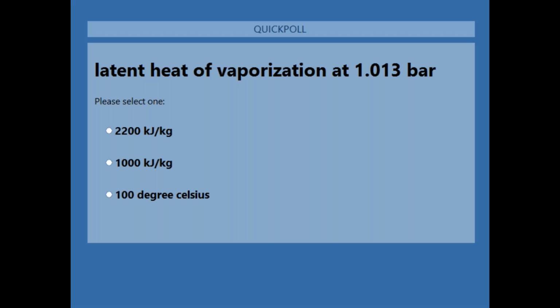You need to be quick in voting. Only 20% of the students have voted so far. I'll give you another minute for you to find out the answer and give me the correct response.